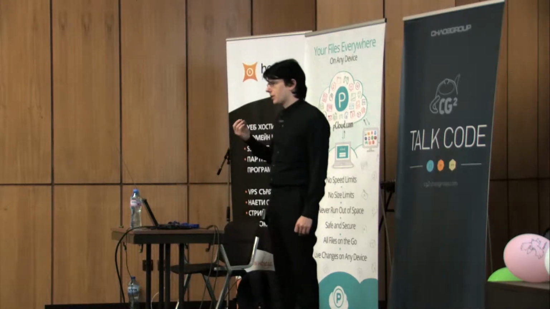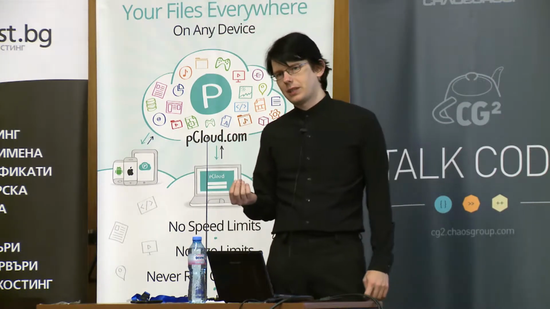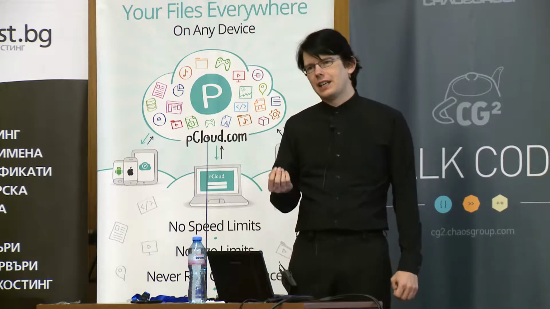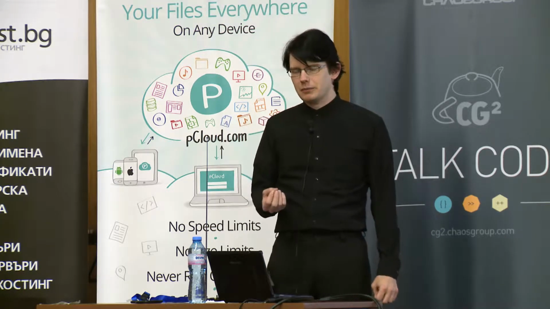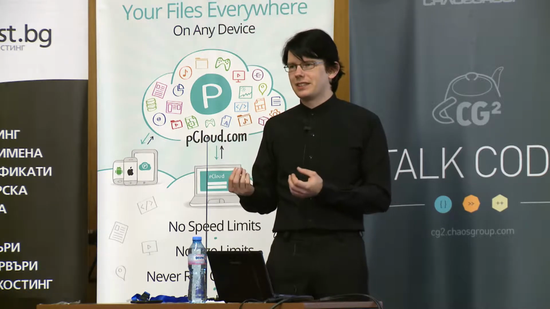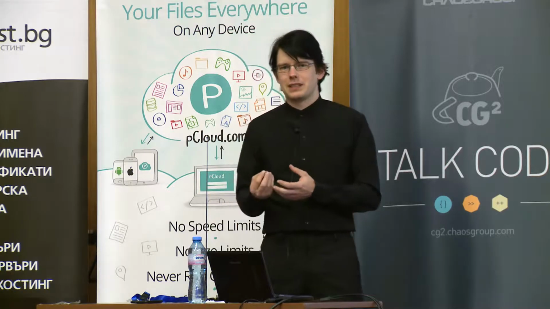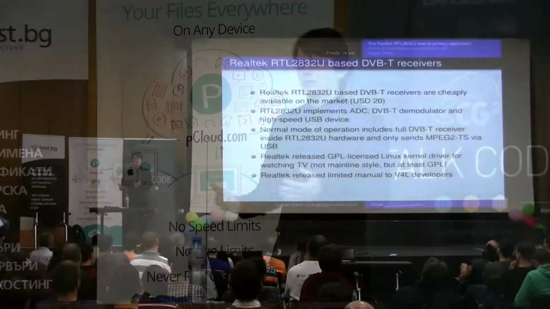So this chip normally integrates the entire receiver and the demodulation for the respective digital TV standard, and all you get is an MPEG-2 transport stream over USB into your PC. So it's basically one of these devices where, okay, interesting, it has a lot of SDR components, but they implement all the receiver for me, and I only get to watch digital TV.